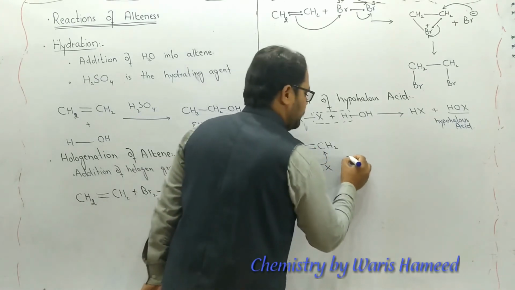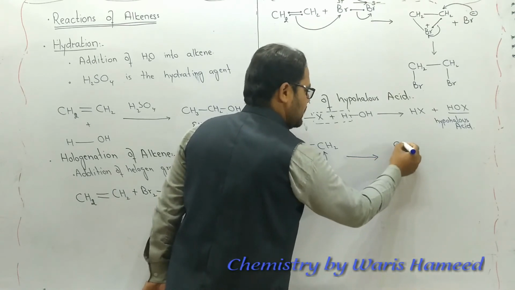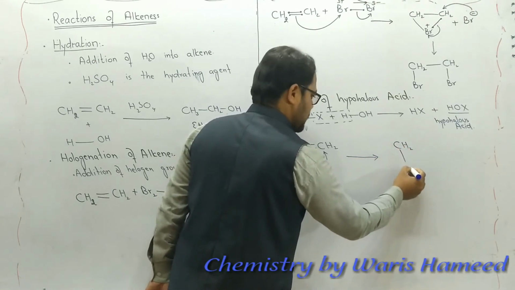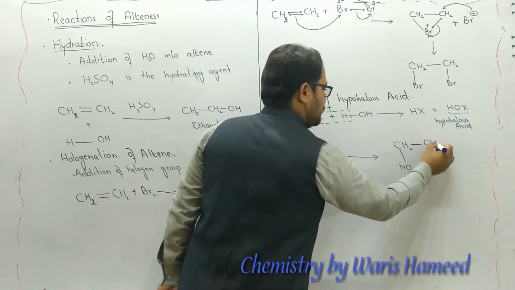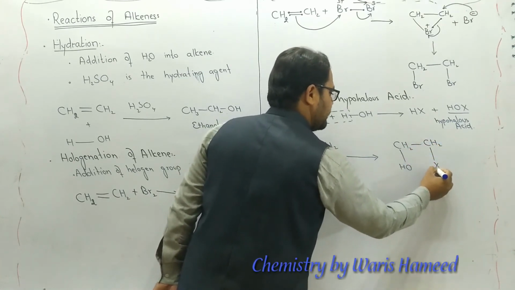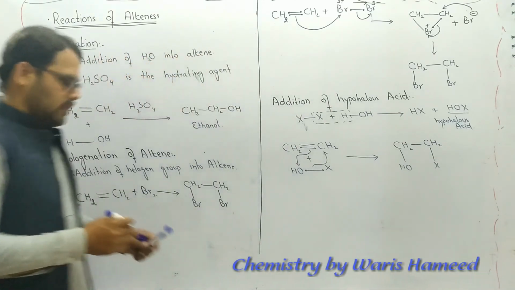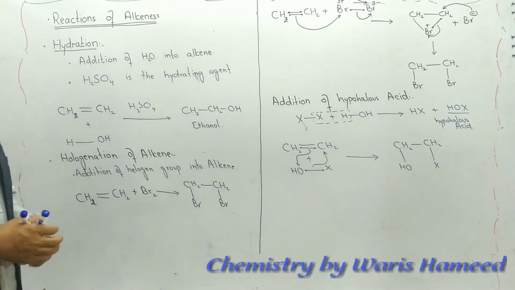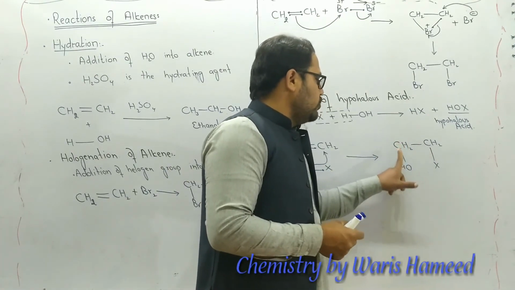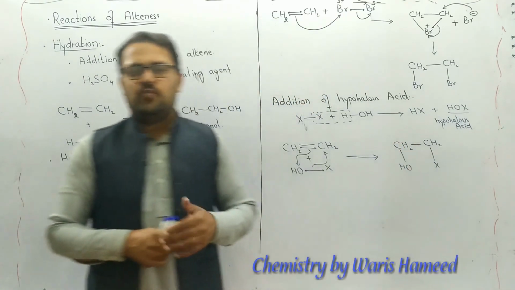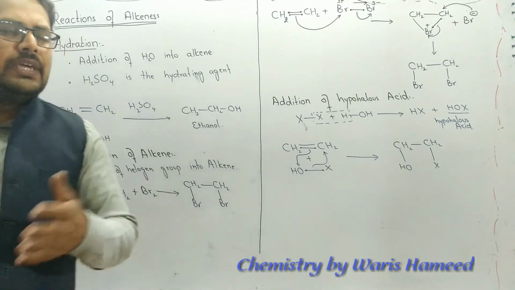And it will form the given product, that's CH2 single bond OH, single bond CH2 and X. It's actually 1-halo-2-hydroxyethane.